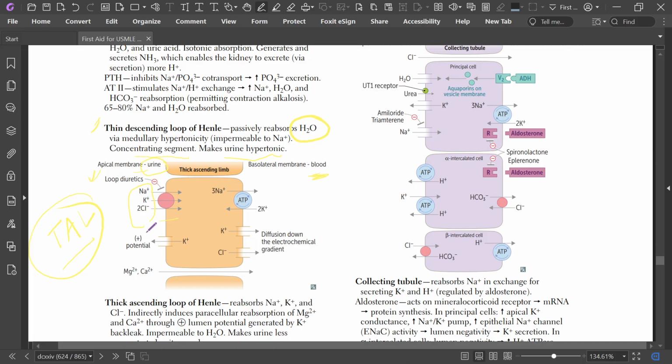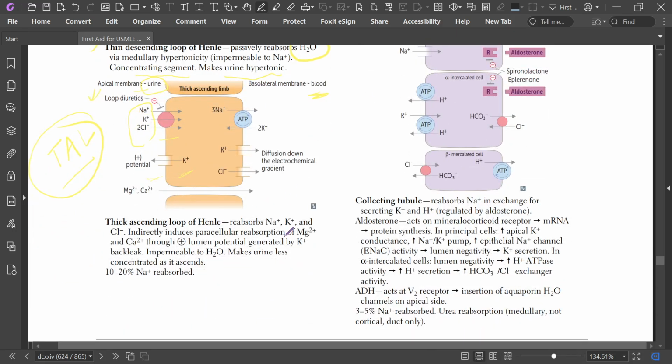Okay. The potassium is getting out through these potentials. The thick ascending limb of the loop of Henle reabsorbs sodium, potassium, and chloride. If there is a blocker, it is unable to reabsorb and it is excreted through the urine.